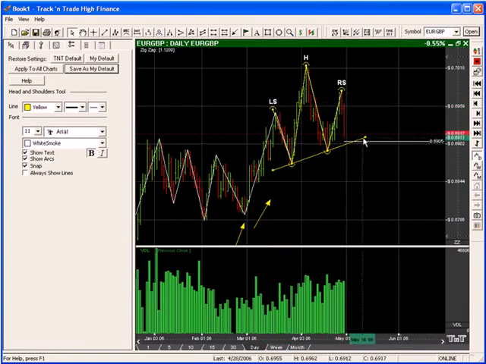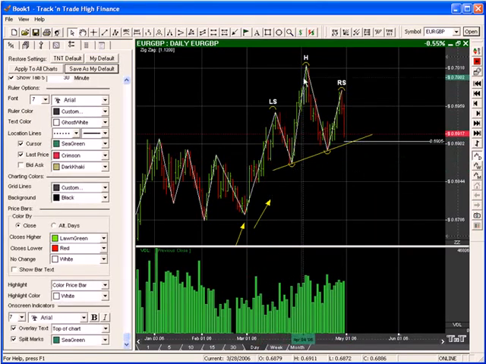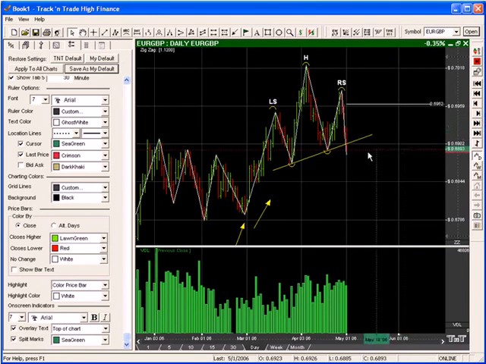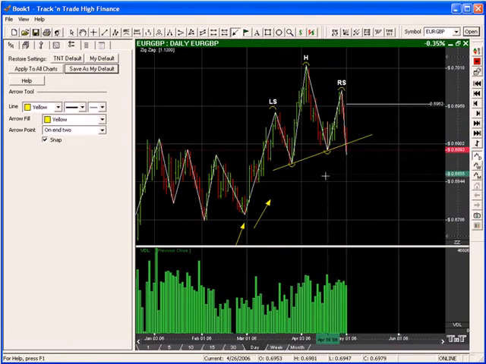I can confirm that that is truly a head and shoulders formation because my Zig Zag tool helped me define it. And notice that it is a head and shoulders based on the Zig Zag tool. As I move forward, a break of that neckline is a trigger or an entry point for me to get in and go short on the market right here. The Zig Zag tool helps me identify these different reoccurring price patterns.